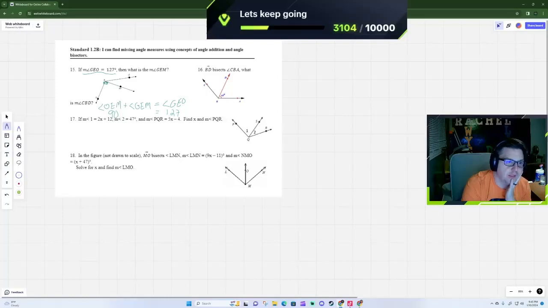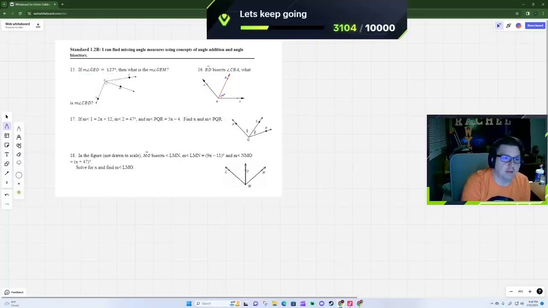So once we figure that out, we can figure out what the missing measure is, GEM. Okay? Angle GEM. We're going to subtract 90 from both sides. We're going to get 37 as our solution. So angle GEM equals 37. Okay. So that's as simple as it gets for this problem. Don't overcomplicate things. Just write down what you know and what you need to know.